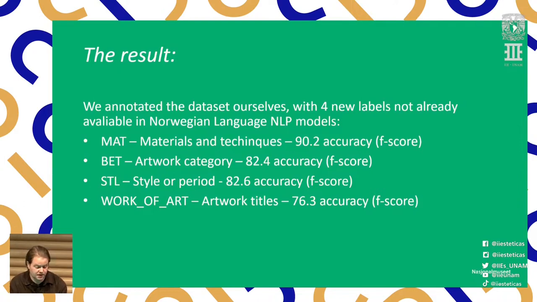So in the case of artwork titles, we had a lot of examples of that label in our dataset, but the contexts they were in were very uniform, as most of the examples were from the artist's encyclopedia, which made the model worse at recognizing artwork titles that did not fit the standardized pattern used in the artist's encyclopedia for writing out artwork titles. Typically with the artwork title, then a parenthesis, a date, and place and materials.